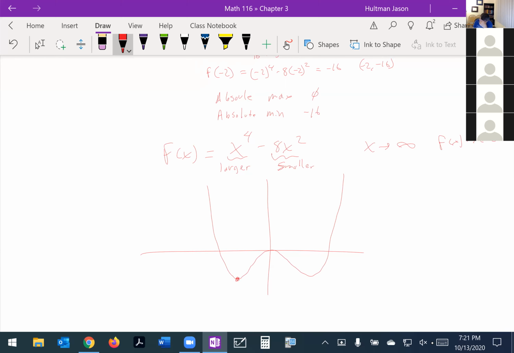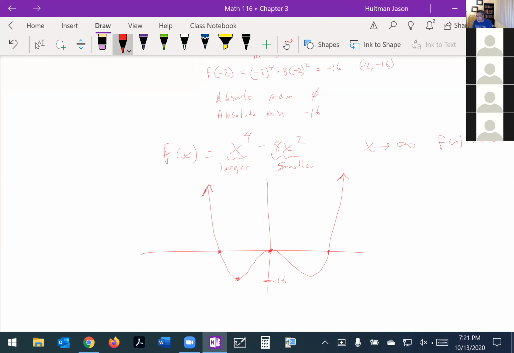There's a minimum at negative 16, down here at negative 16. There's a relative maximum at 0, but then once I get past these intercepts, it just goes off to positive infinity forever. Once I get past this x-intercept, it also goes to positive infinity.